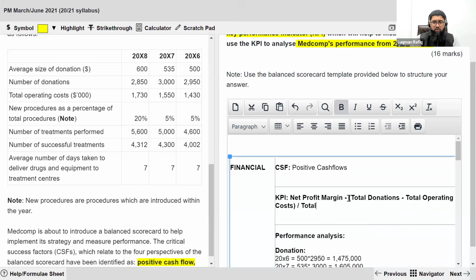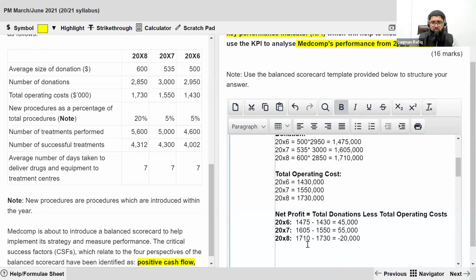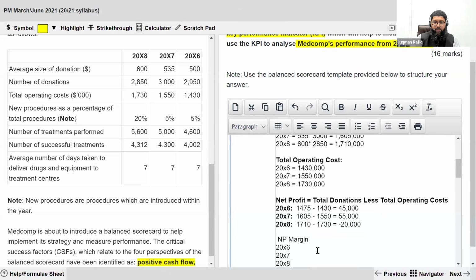The net profit margin for 2000x6, 2000x7, 2000x8 is going to be 45 divided by 1475, then 55 divided by 1550, then negative 20 divided by 1710.